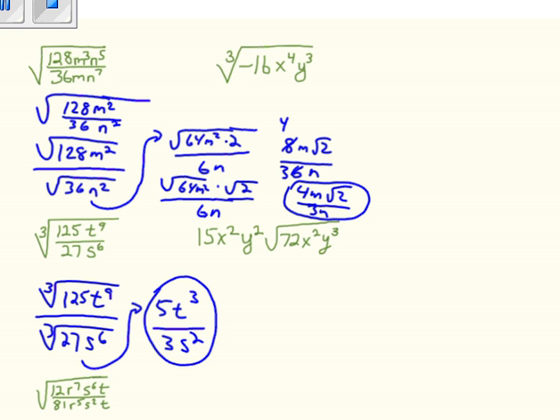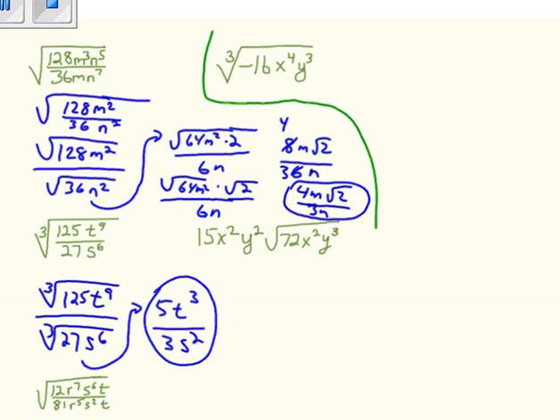All right, sorry, things are, so let's attack this one right here. All right, so the cube root of negative 16 x to the fourth y to the third. What is the perfect cube factor in negative 16? That's a little tricky. 4. Perfect cube 8.